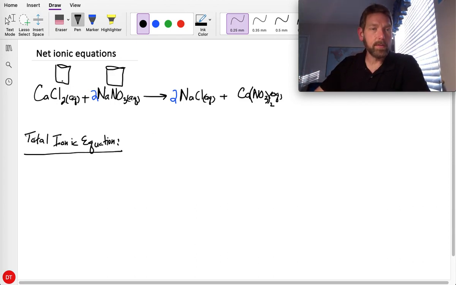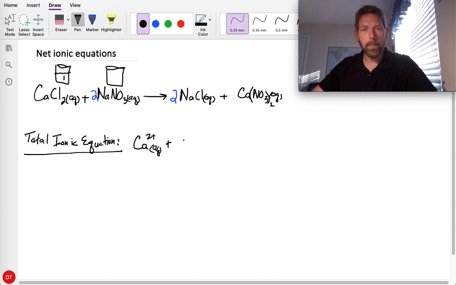So in this beaker right here, solution 1, we have calcium ions and chloride ions. So we have calcium ions that are in aqueous form, and we have chloride ions that are in aqueous form.